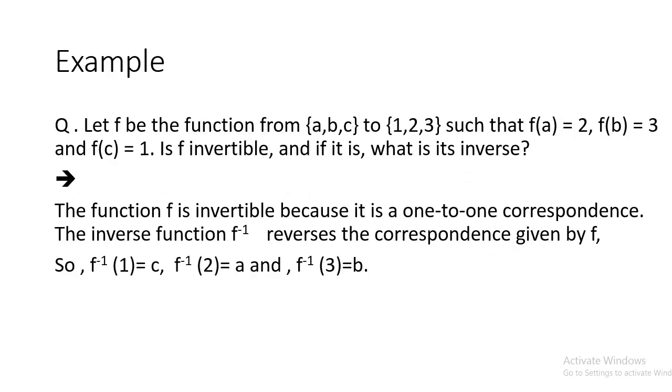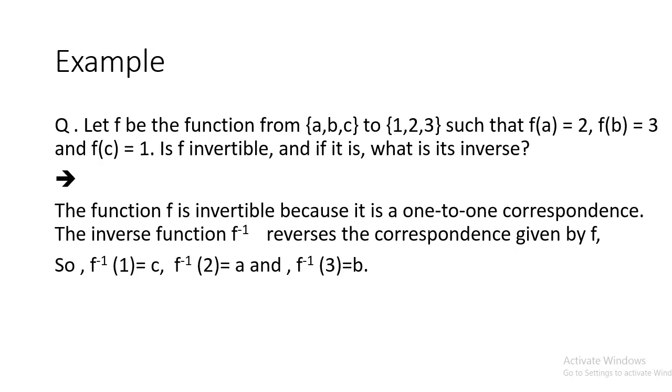Let's see one example of the inverse function. Suppose there is a function f from {a, b, c} to {1, 2, 3} such that f of a is equal to 2, f of b is equal to 3 and f of c is equal to 1. The question here is, is f invertible, and if it is, what is its inverse?